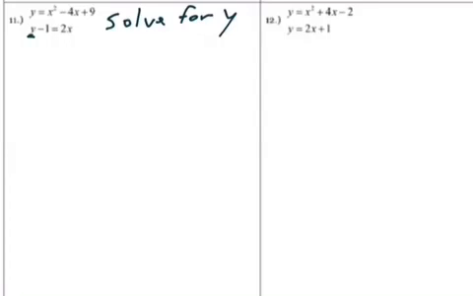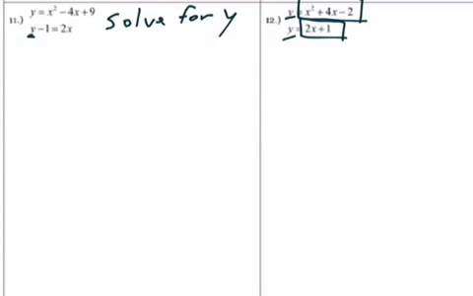After you solve the second equation for y, then you're going to get the solutions from the calculator, and then you will solve it algebraically by setting the equations equal to each other. Question number 12, both of the equations are already in the form of y equals, so you could start by getting the answers from your calculator first. You will be doing these two questions as part of your homework tonight.